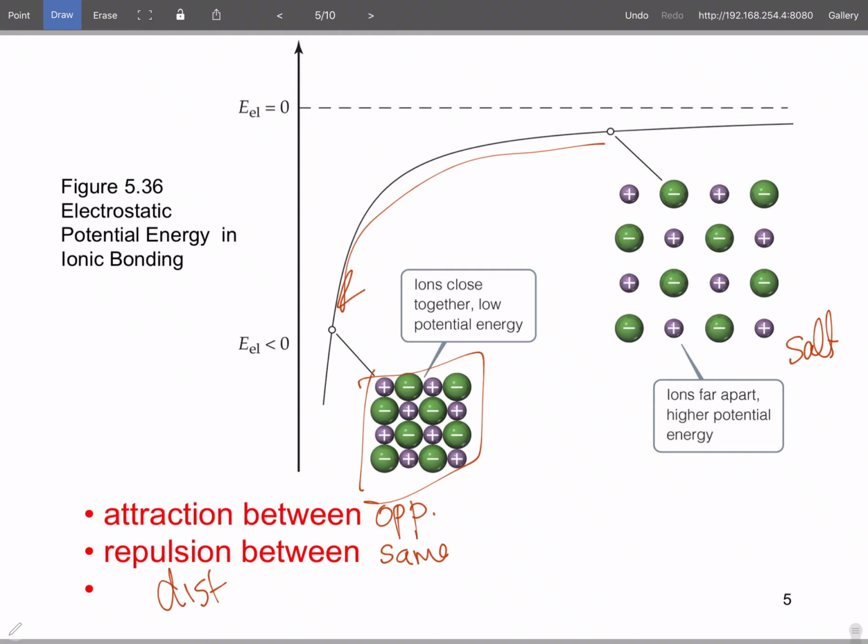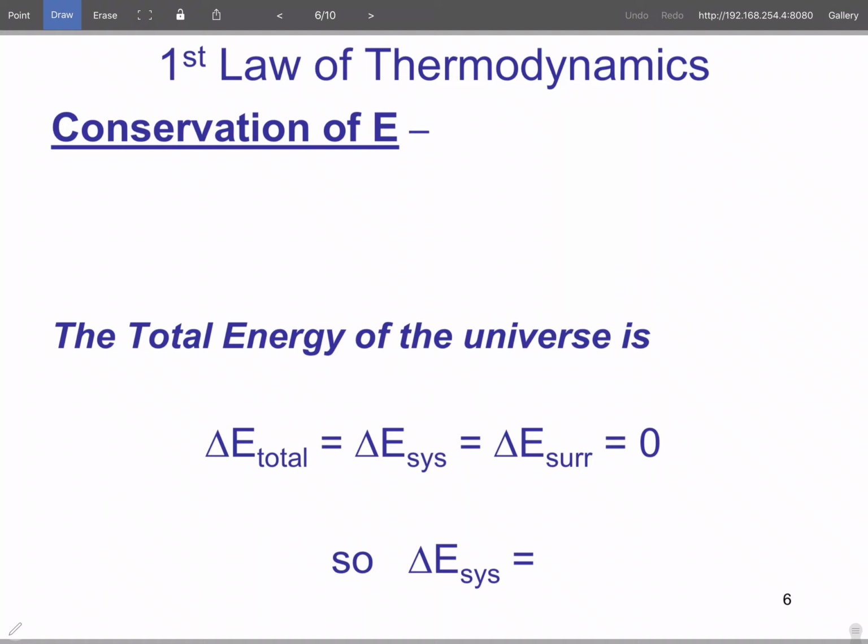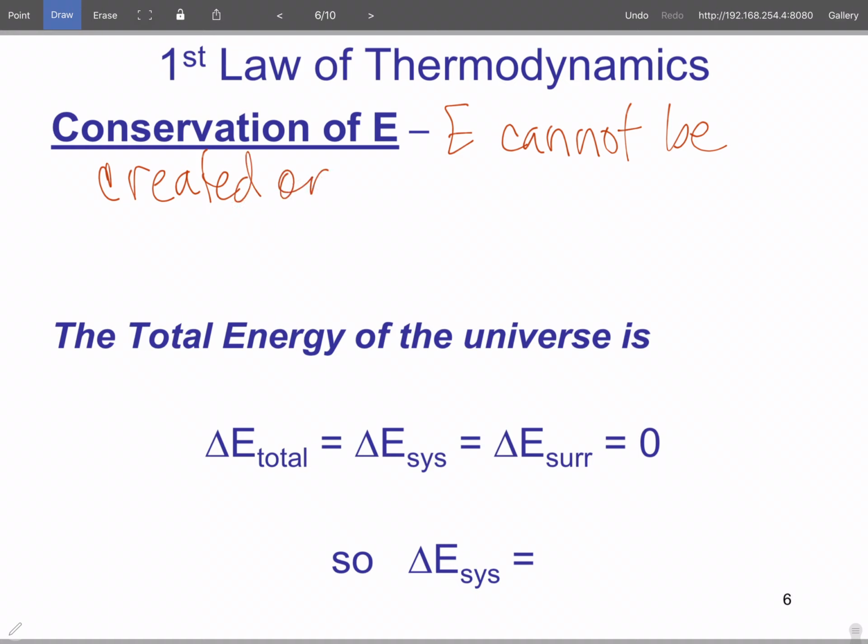So the best packing is the setup where the energy that's achieved is the lowest for ionic compounds. Okay, so that takes us to the first law of thermodynamics, which is the conservation of energy. Energy cannot be created or destroyed. It can only be converted.